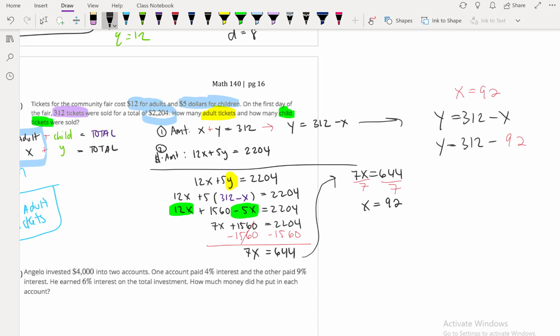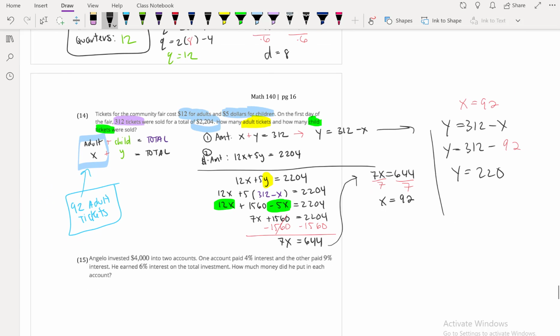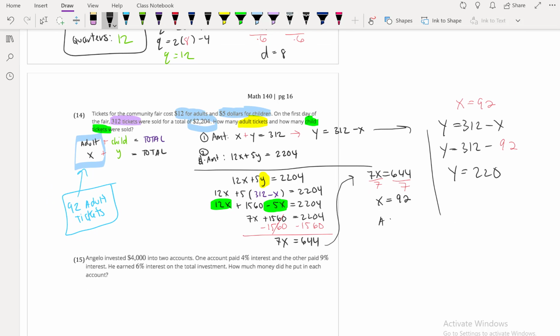And so I end up with y equaling 220. And remember, this is my adult tickets, and this is my child tickets. So now I know that I have 220 child tickets. And so that ends up becoming my final answer.